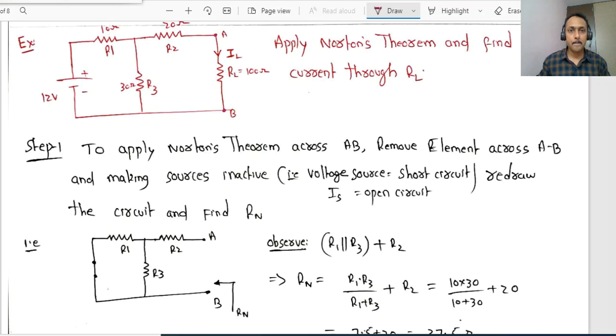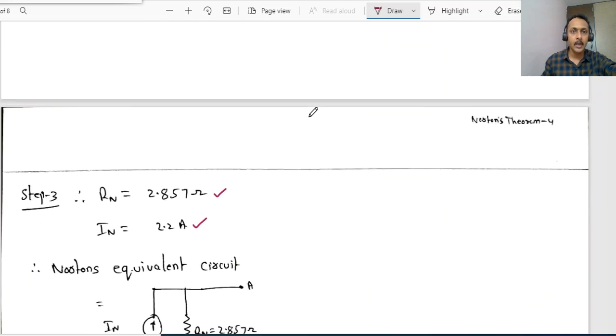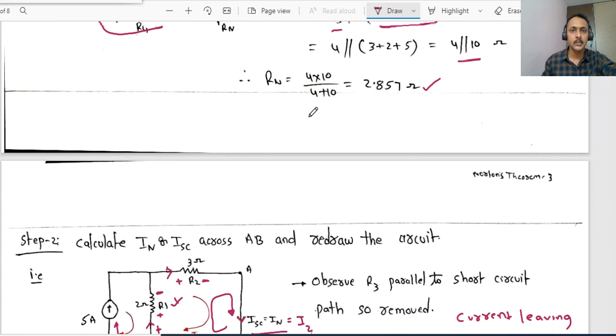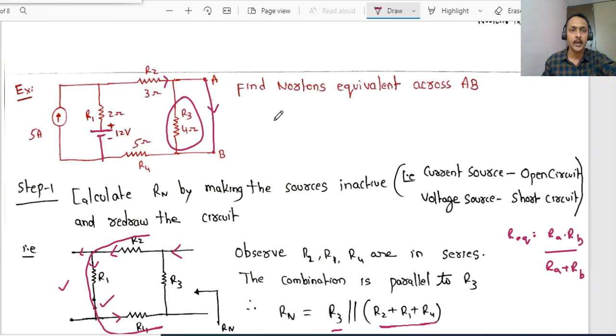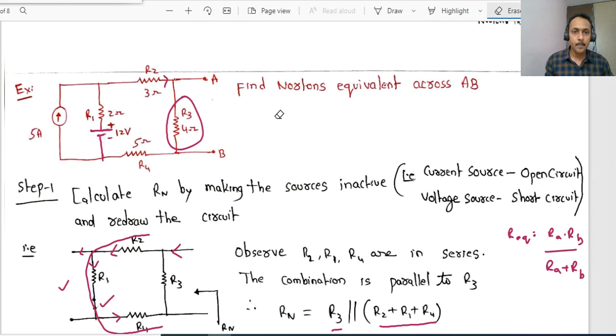Dear student, if you observe one difference, in the previous problem, there is no element across AB. Already the element is removed. Across this AB, he has asked us to calculate the Norton's equivalent. But now in this problem, we are having an element across AB, right?